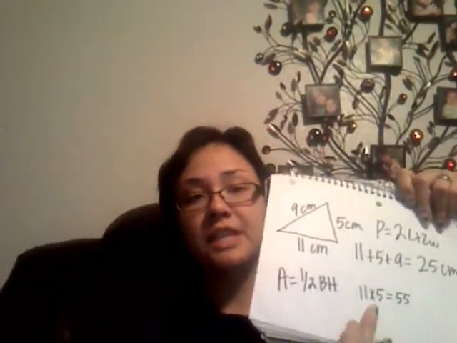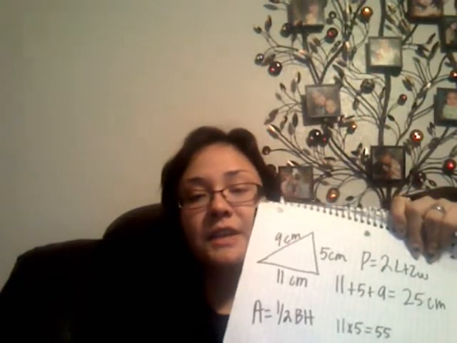So to work this one out, you're going to take the base, which is 11, and multiply it by the height, which is 5, and that gives you 55. So far all I've done is just taken the base, multiplied it by 5, and just got the answer 55.